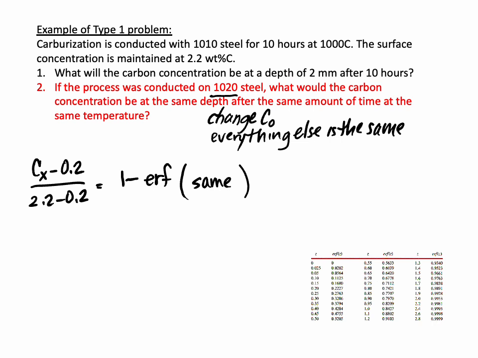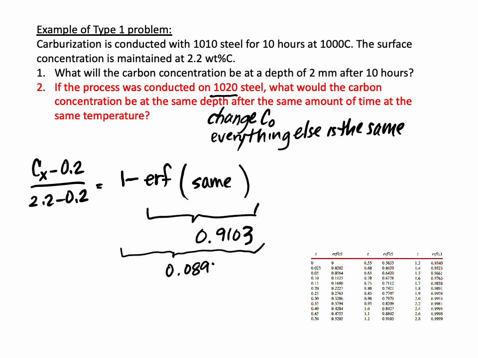So what we had before, error function z was 0.9103, just like before. And so this is 0.0897, just like before. I don't need to use that error function table.